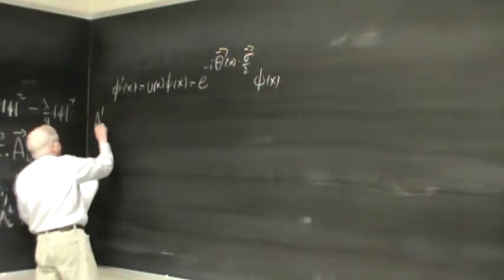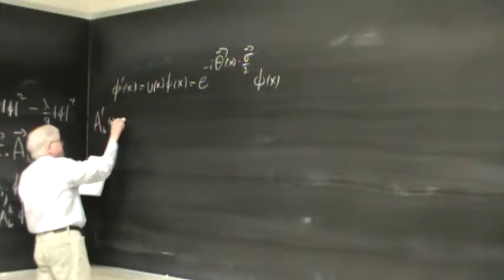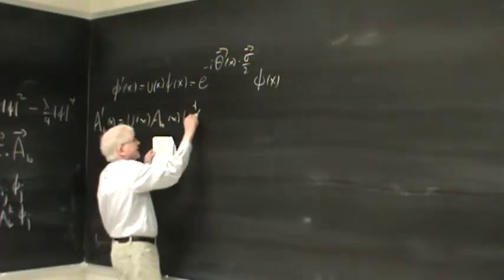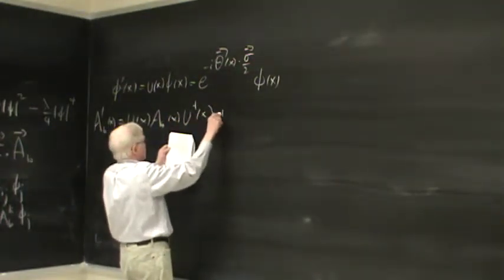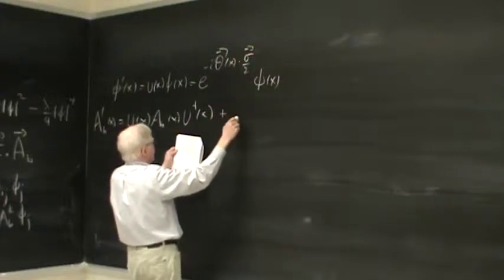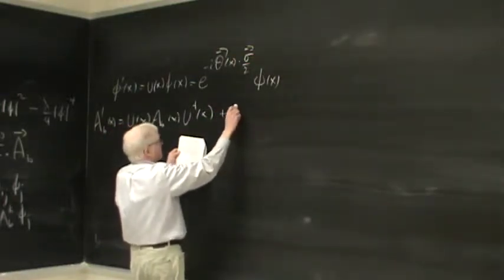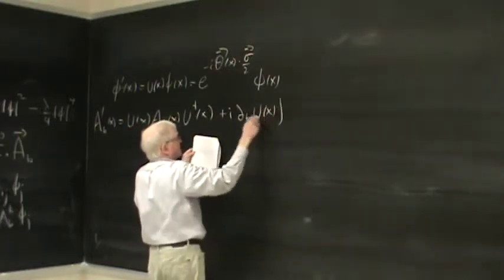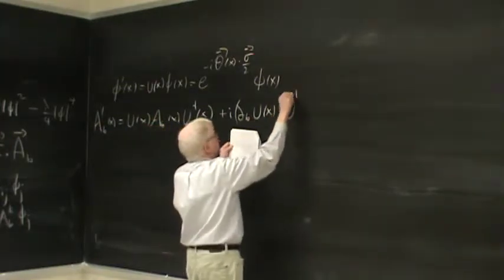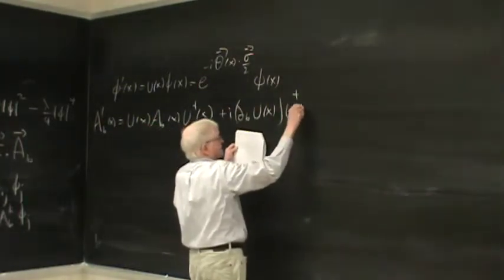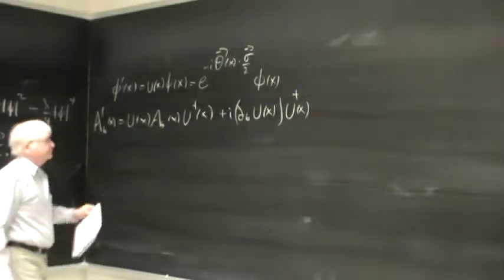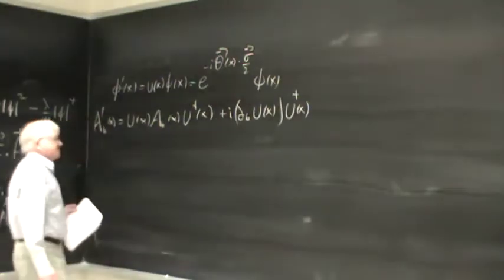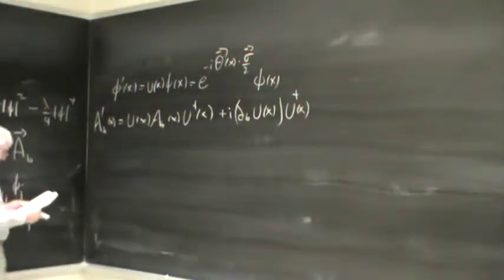And A prime_B of x is U of x A_B of x U adjoint of x, plus a term with d_B acting on U. I'm a little puzzled that we've got the d_B acting on the U like this. It may be because of this minus sign up here. Anyway, I'm not certain about this term, but it may be okay.